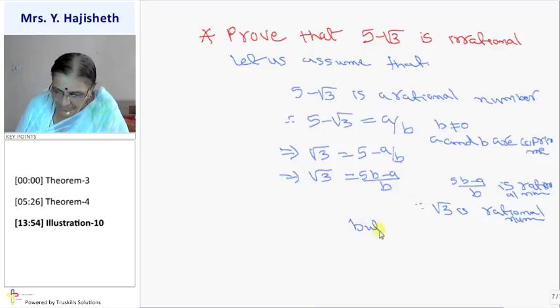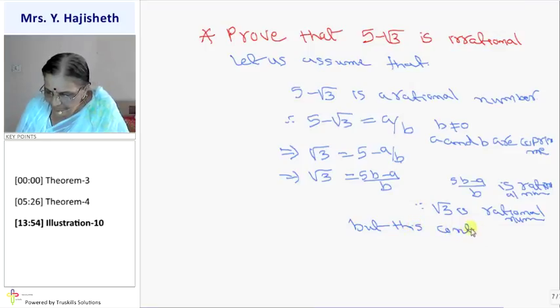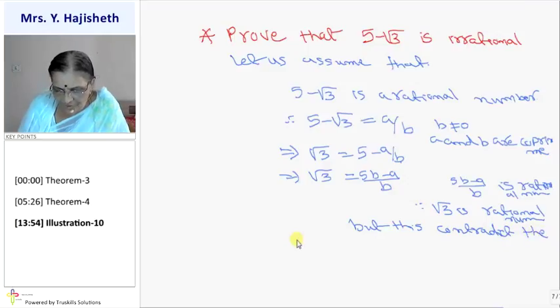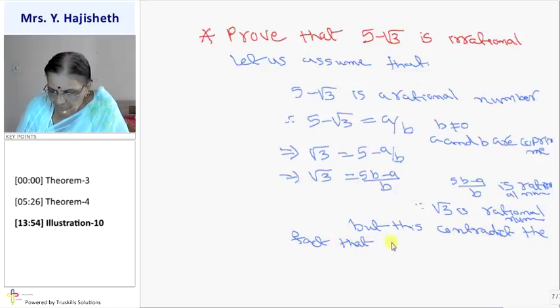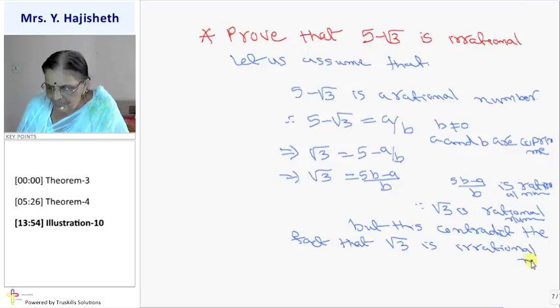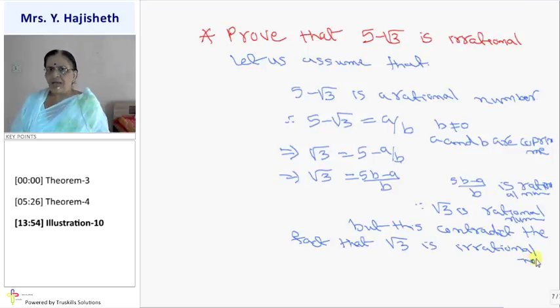But this contradicts the fact that root 3 is irrational number. We know the definition of irrational number. Right? Irrational numbers are square roots of p where p is not a perfect square. Right? Every square root of p where p is not a perfect square is irrational.